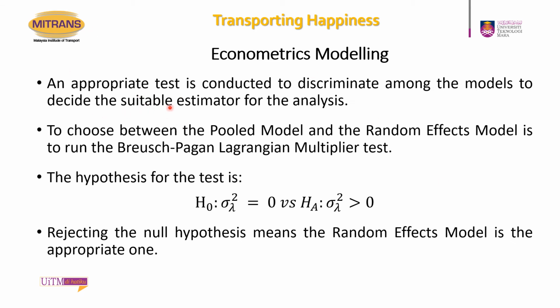An appropriate test is conducted to discriminate among the models to decide the suitable estimator. If you want to choose between the pooled model and the random effects model, we have to run the Breusch-Pagan Lagrangian multiplier test. The hypothesis is shown as below here. If we reject the null hypothesis, it means that the random effect model is the appropriate one.